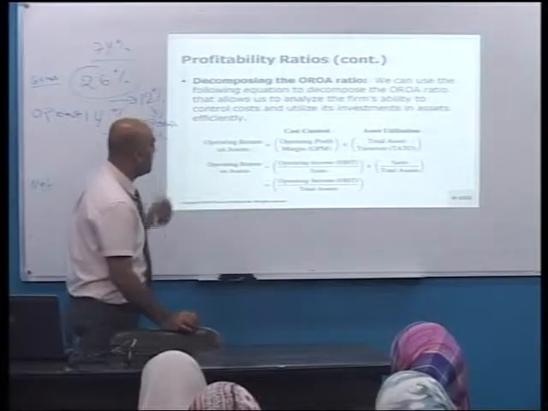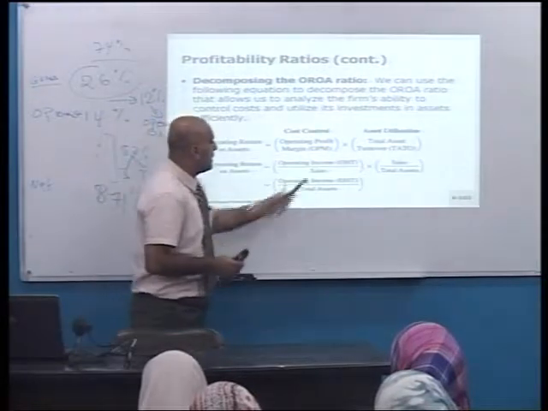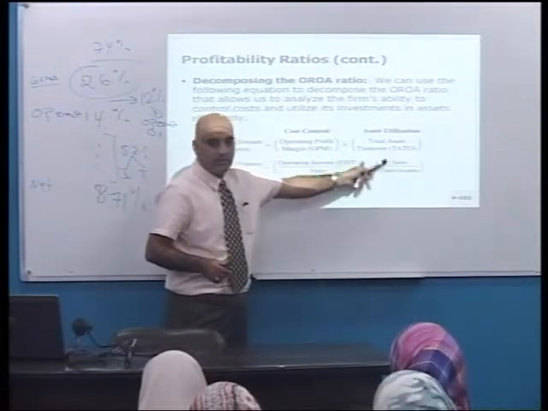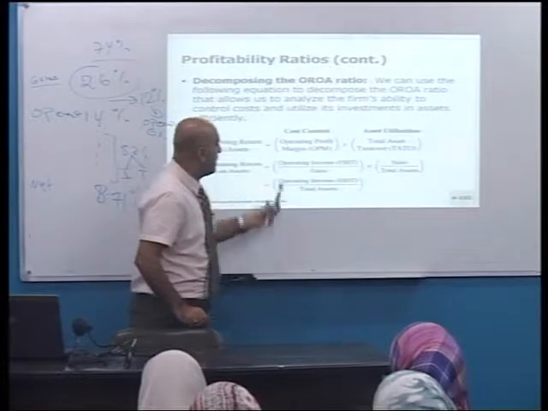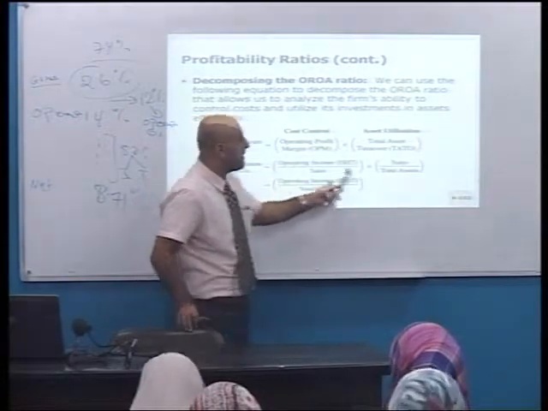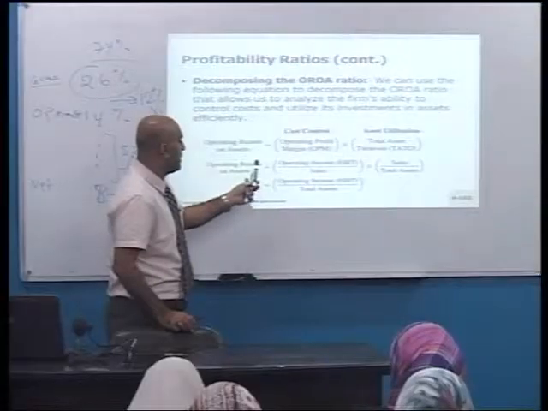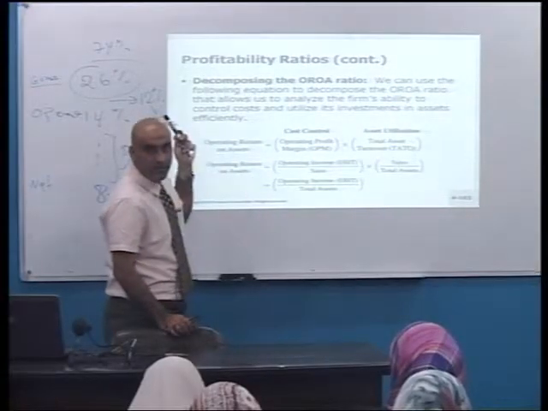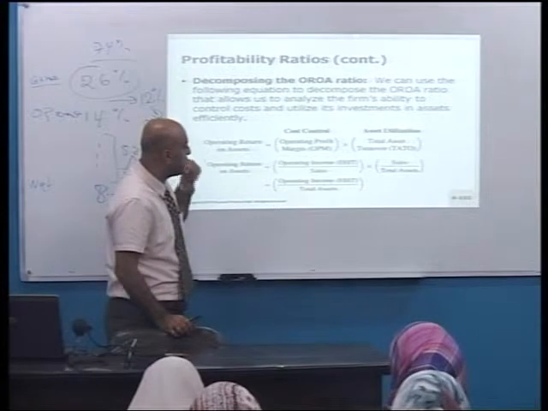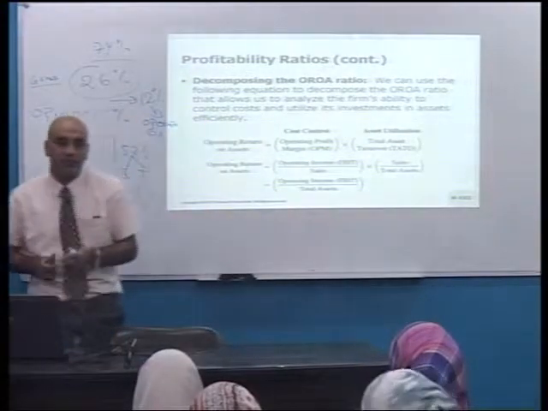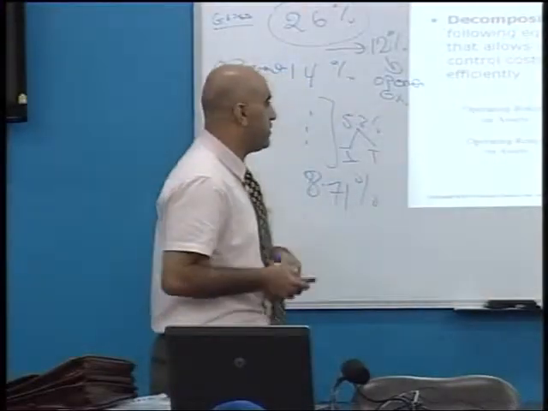Sales cancels with sales, and at the end you have operating income divided by total assets, with the operating income from the income statement and the total assets from the balance sheet.